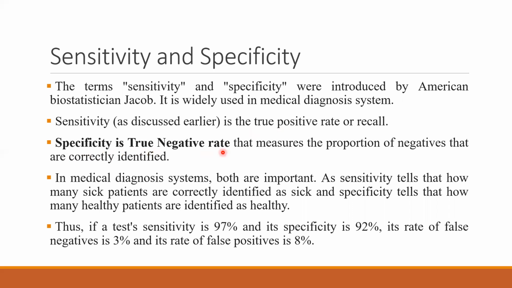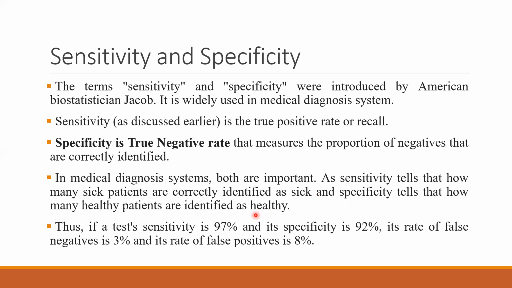Specificity is the true negative rate, and it measures the proportion of negatives that are correctly identified. When you are saying a negative value as a negative, it is a true negative, right? So true negative rate is specificity and true positive rate is sensitivity. In medical diagnosis, both are important, as sensitivity tells how many sick patients are correctly identified as sick, and specificity tells how many healthy patients are identified as healthy.